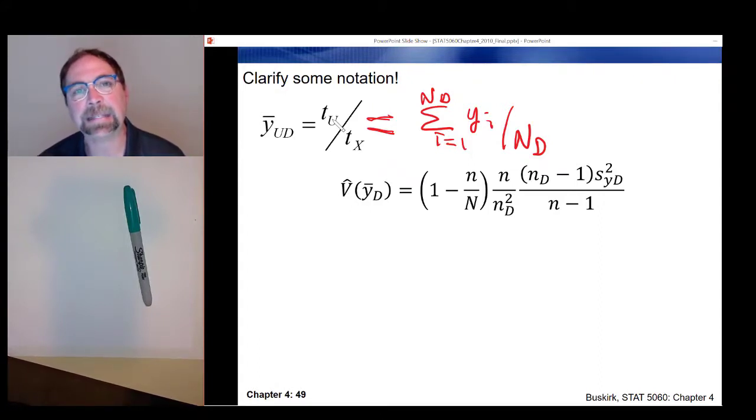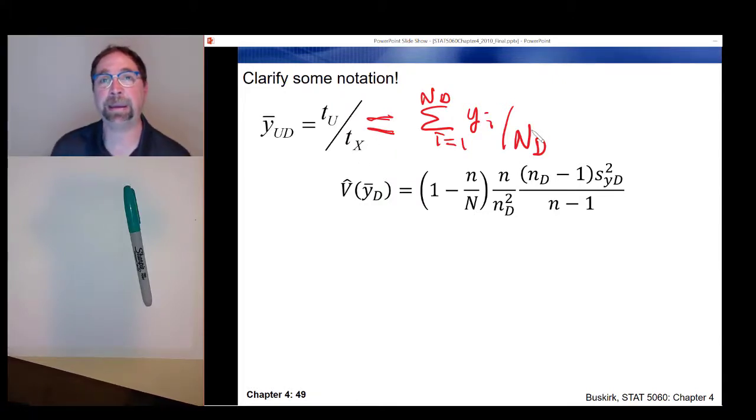And the tx is just the sum of all those indicators to denote the number of sampling units in the population that actually fall in the domain. So this tu is nothing more than adding up all the y elements that are inside of the domain, and there are capital N D of them. This total for the x variable is simply the size of the domain in the population.